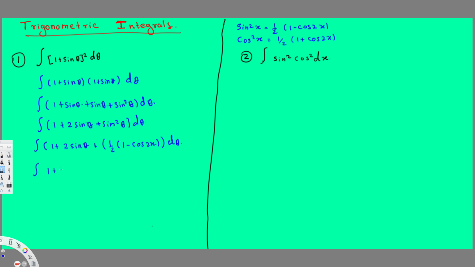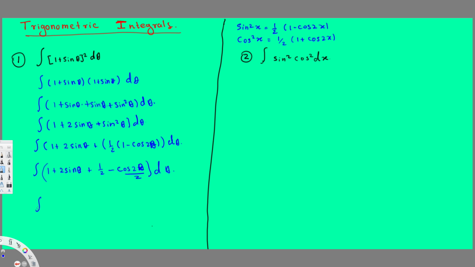This is going to be 1 plus 2 sine theta plus half times (1 minus cos 2 theta), that is cos 2 theta divided by 2, all together d theta.